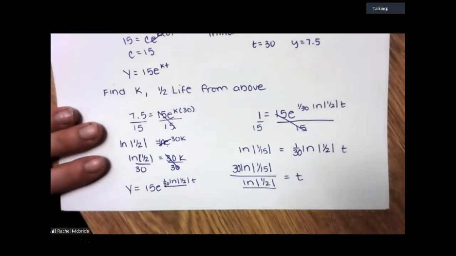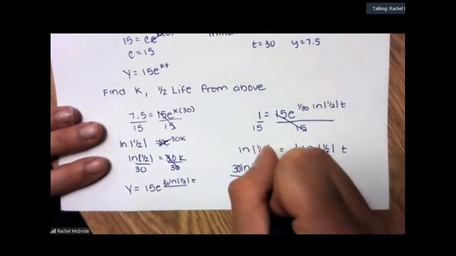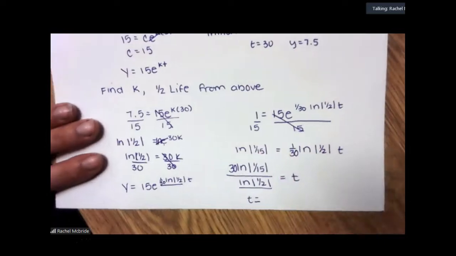We're just going to multiply this to get a number. And whatever that number is, that number will represent the number of years it takes.